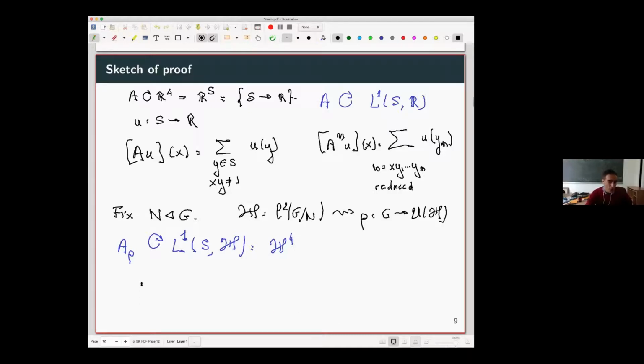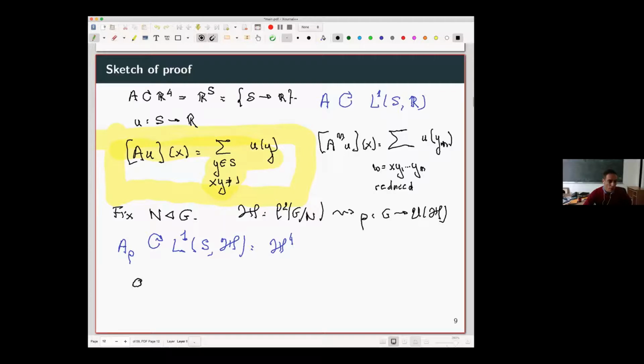So let me give you the formula here. You will see it's very analogous to this formula. So the formula for A rho is the following.